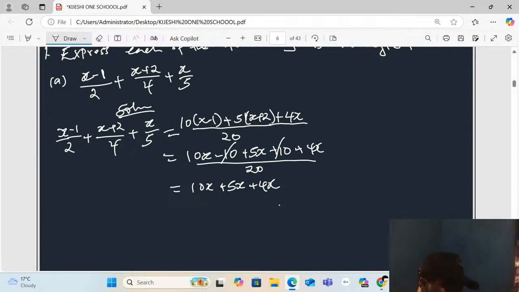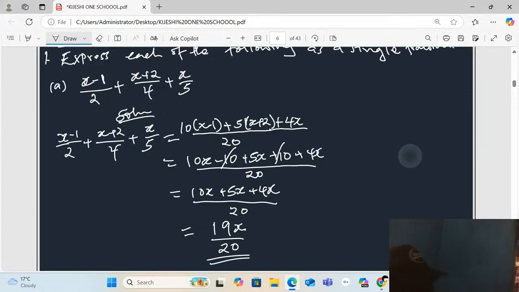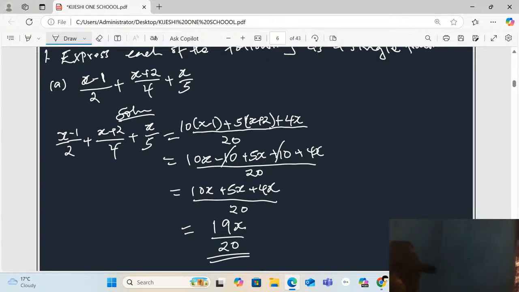That is 15 plus 4, 19, over 20. So we are going to have 19x over 20. So that is our answer. That is how we solve this algebraic expression. 19x over 20 becomes our answer.